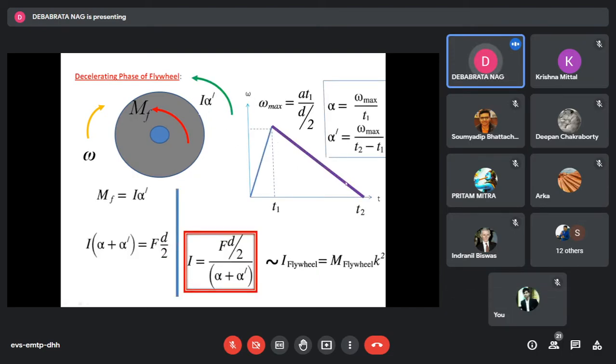Since everything is constant here, if I plot the omega versus time diagram, I will find that it consists of two straight lines like this. One straight line shows that initially the speed is 0, and during the time t1, the entire system attains the maximum angular speed. This is the maximum angular speed.